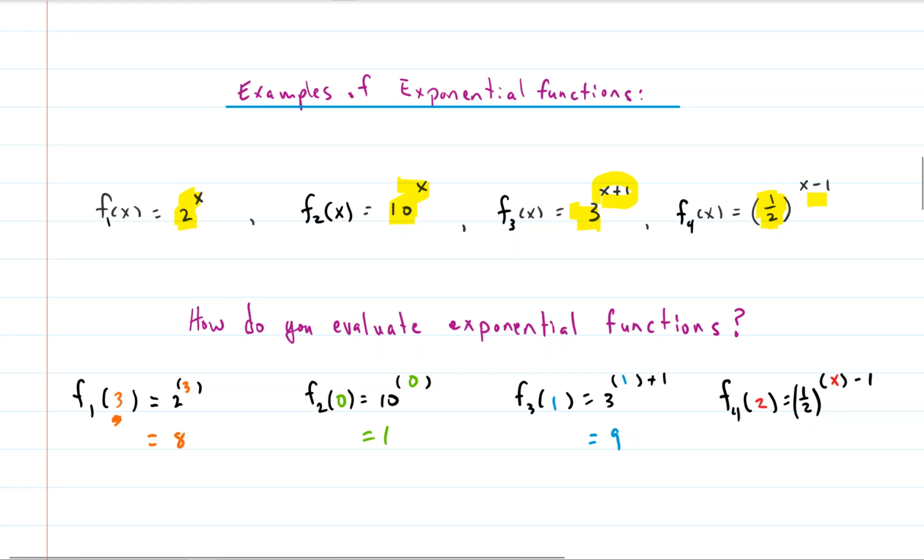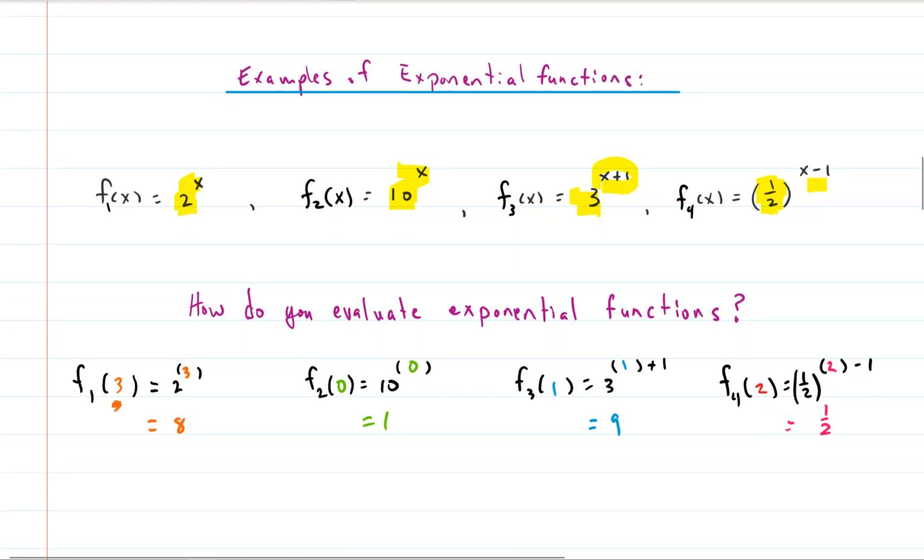And if we're going to evaluate this at 2, that means we put a 2 there, and 2 minus 1 is 1. 1/2 to the 1 is just 1/2. So evaluating exponential functions is not really any more difficult than evaluating polynomials. You just have perhaps exponents that you have to deal with, but you guys can totally do that.